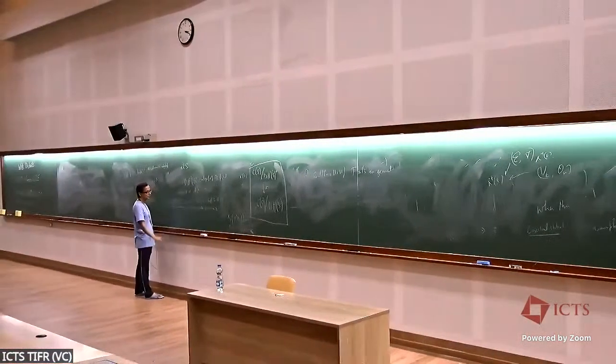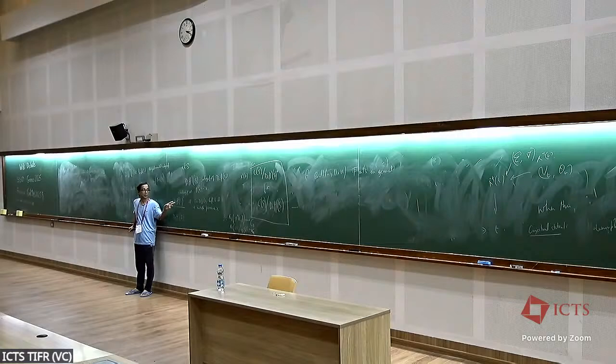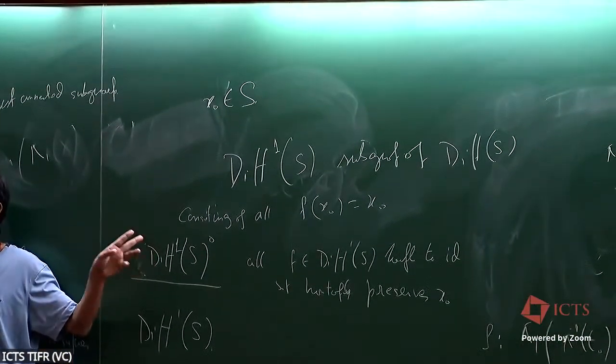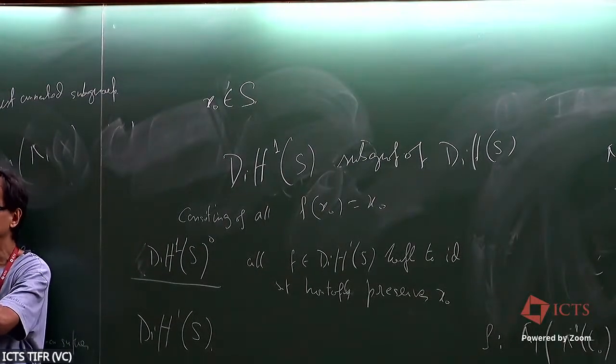Okay, so consider this group and the subgroup. Remember this is the group of diffeomorphisms which fix the point, and these are the diffeomorphisms fixing the point that are homotopic to the identity map by homotopy fixing the point x naught.